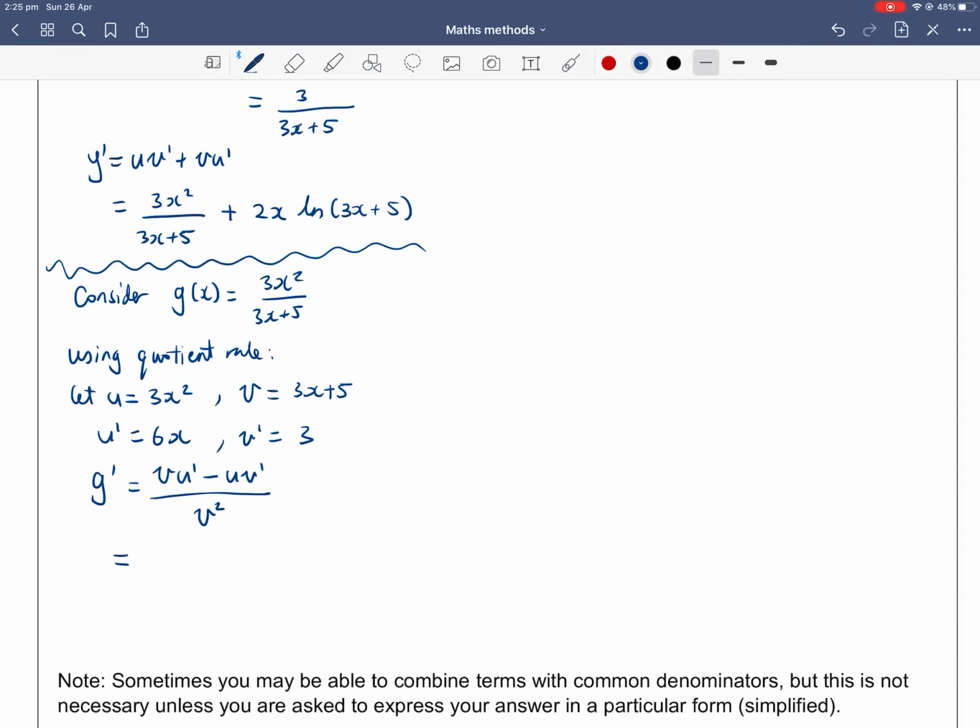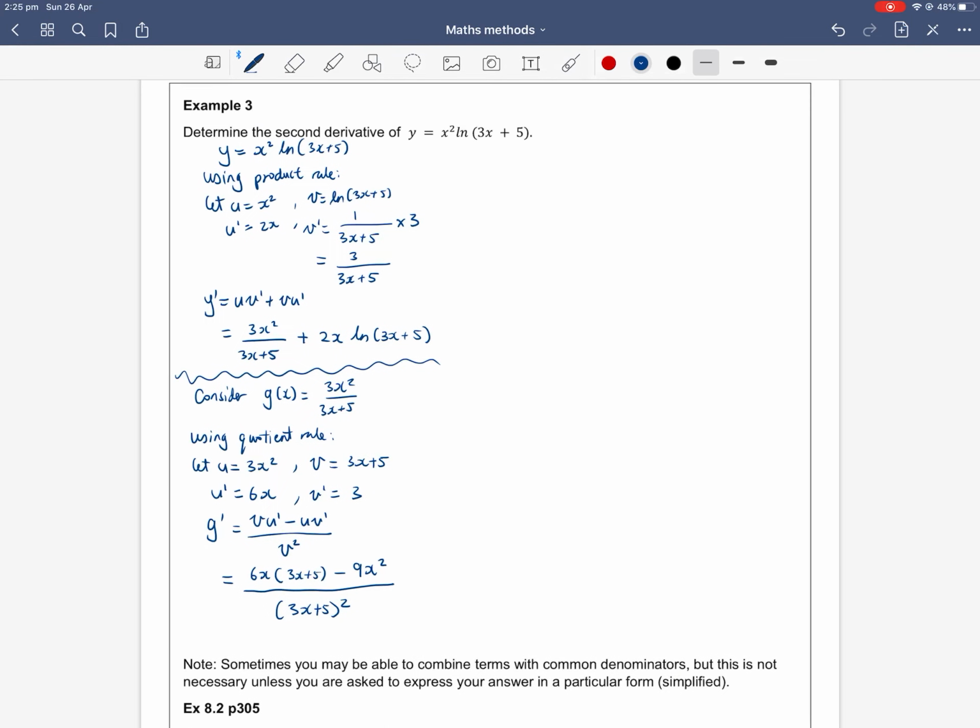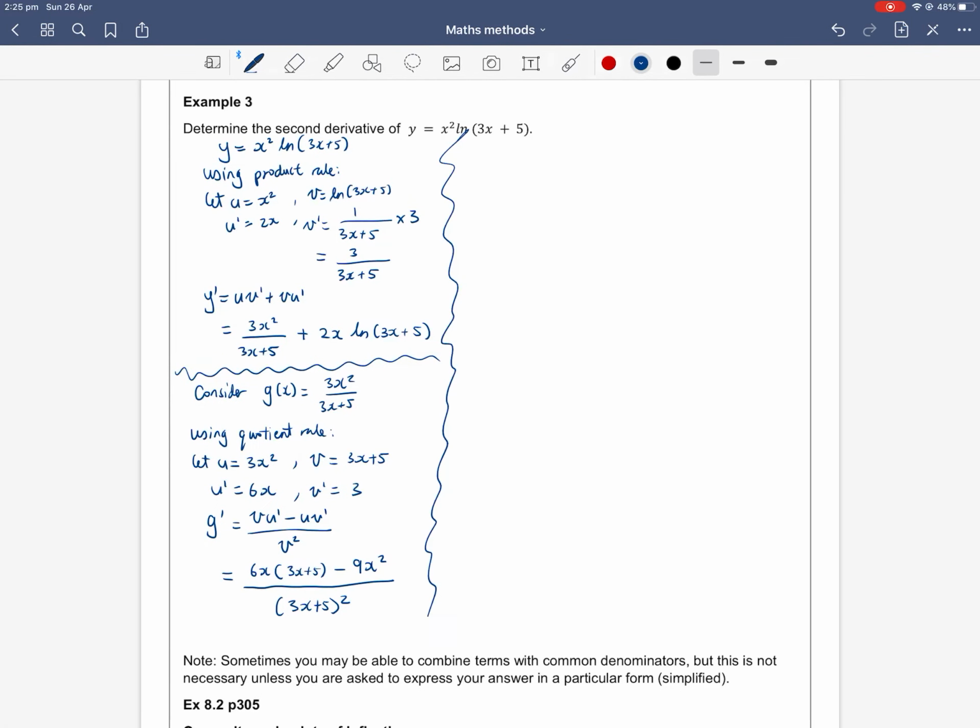So remember, the order of the quotient rule matters at the numerator. So substituting, v times u dash is 6x outside of 3x plus 5, minus u times v dash, so that's 9x squared, all over v squared, so that's 3x plus 5 all squared.